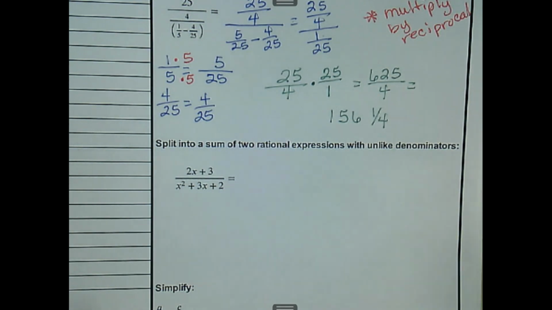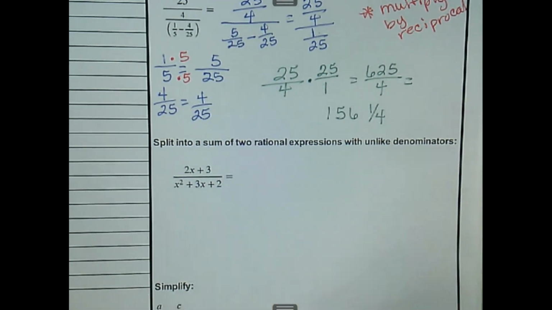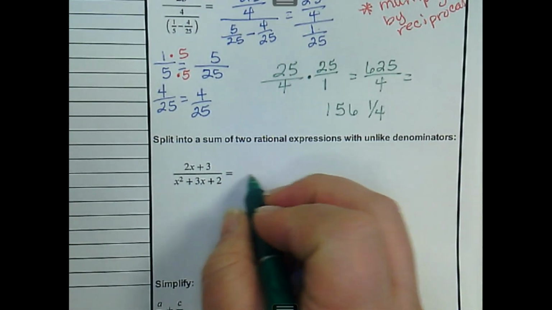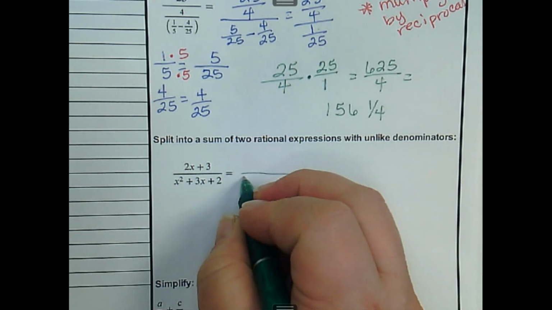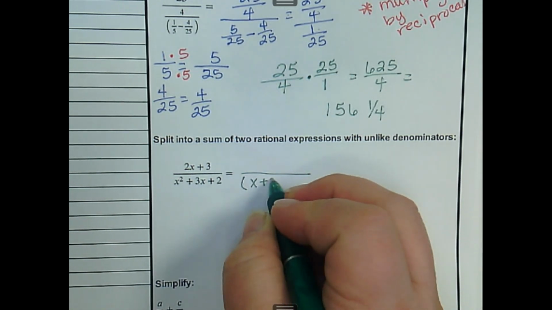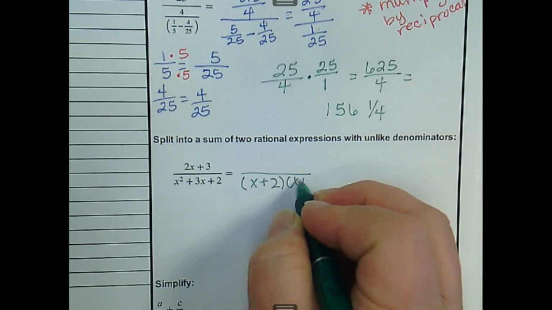Okay, what are our factors of 2 that add up to 3? We did that on the other side. Our common factors will be x plus 2 times x plus 1.